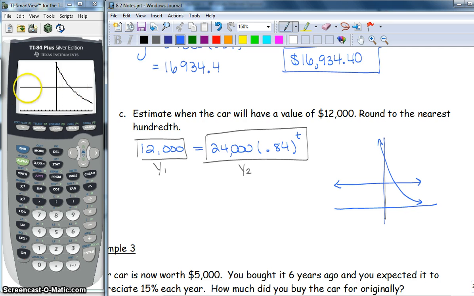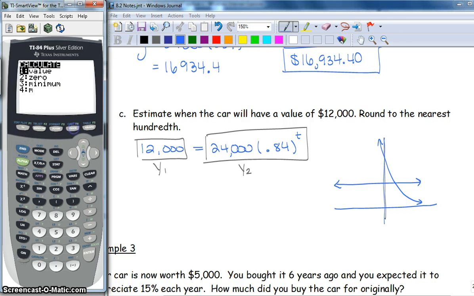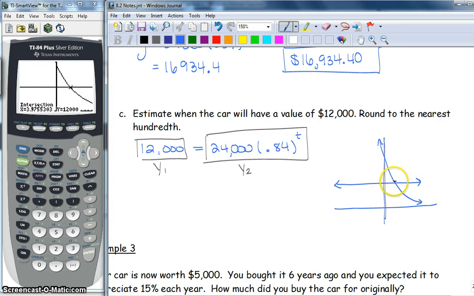And we want to find where the exponential decay model meets 12,000. So we want to find the intersection point. Second trace, number 5. Enter, enter, enter. And we get that intersection point. Our directions say round to the nearest hundredth.